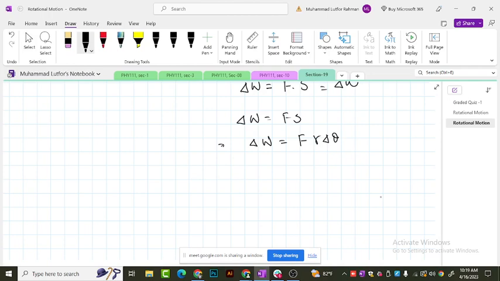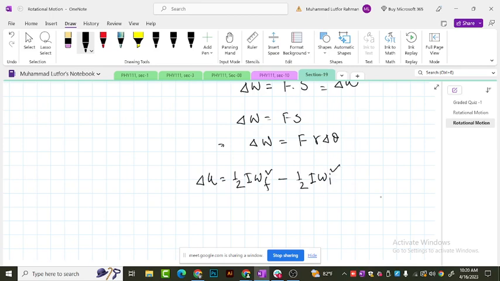Now I can say, by the work energy theorem, the change of kinetic energy for this case would simply be half of I omega F square, that is my final kinetic energy, because it's rotating, so it has only rotational kinetic energy, minus half of I omega I square.